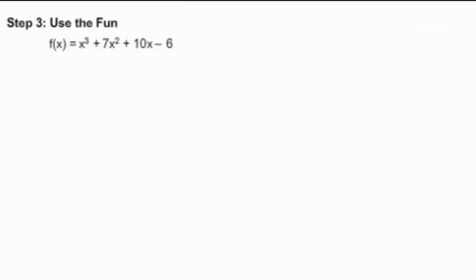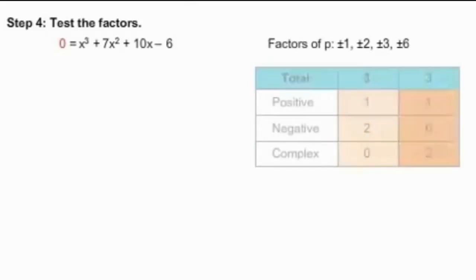Next, determine the actual zeros of this function by testing the factors. The zeros of a function represent the values of x that make the function equal to 0. So, replace the function notation with 0.